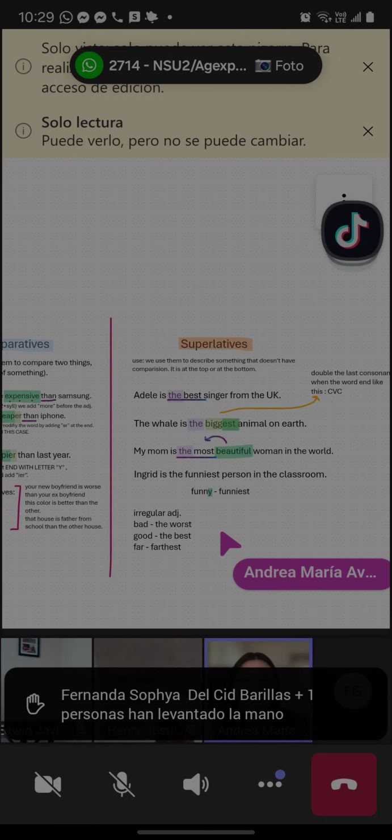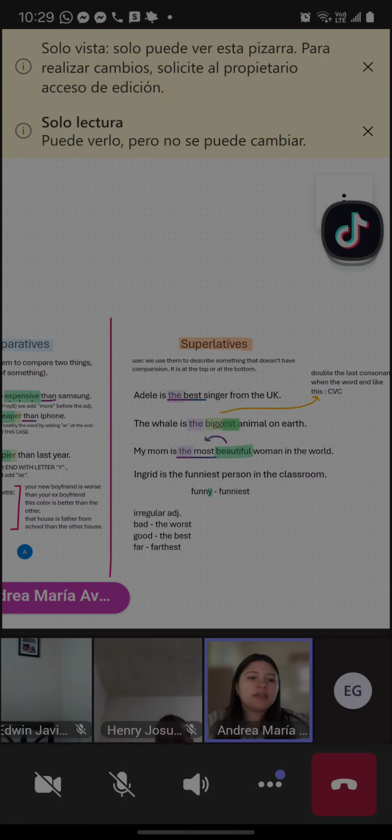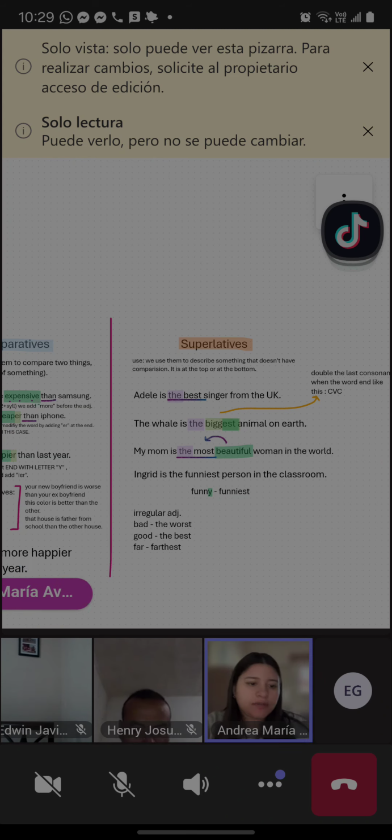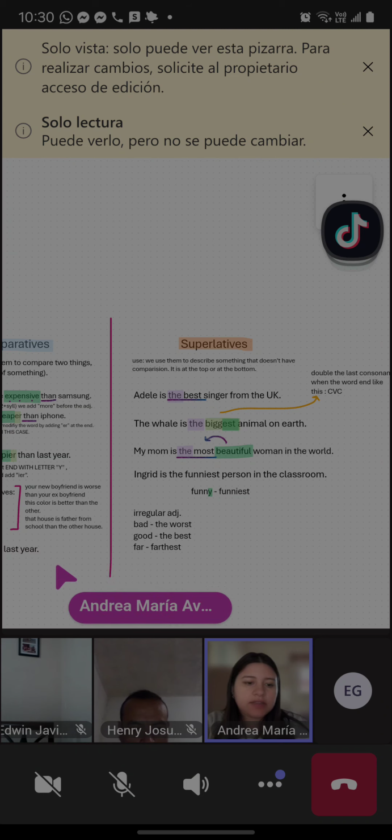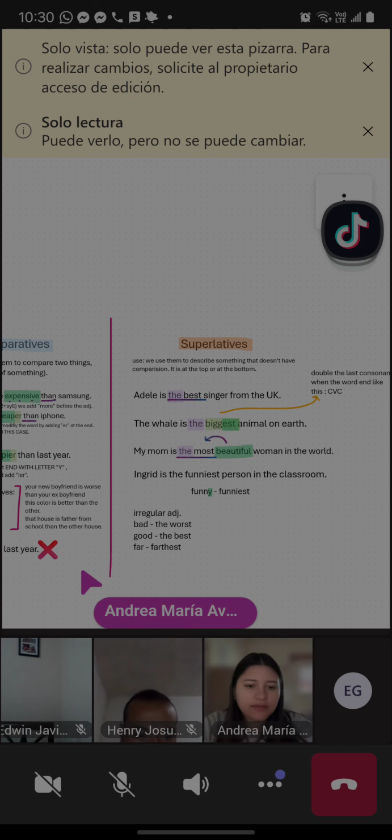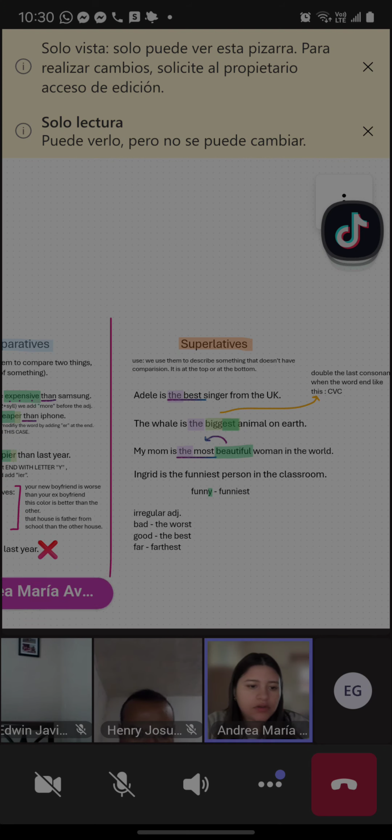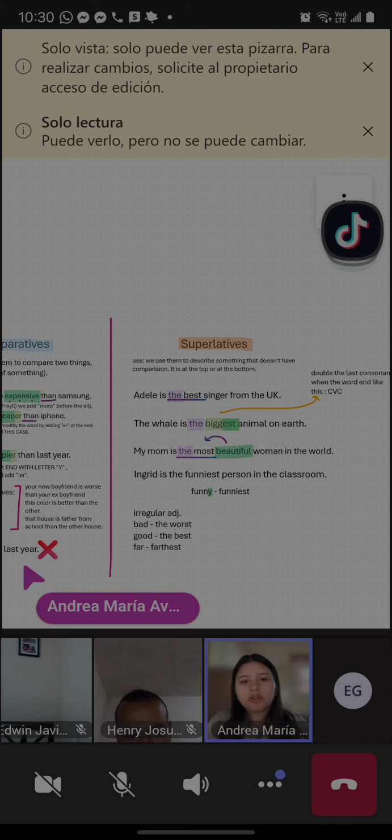Okay. Any other questions? Oh, another look. Common mistakes. So a common mistake is, for example, saying you look more happier than last year. This is a very common mistake. And what is the mistake? The mistake is that you are saying the same thing twice. So you don't use more if you are using happier. So when you modify the adjective, you don't add any other word.